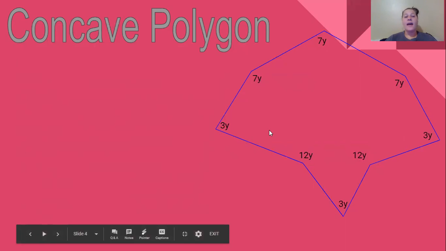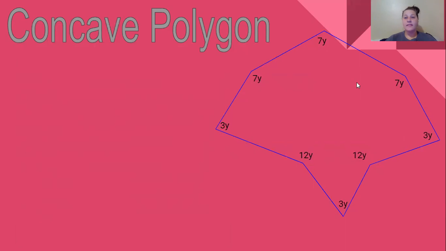Now, we don't have a solid measurement. All of them have y. So we're going to need to figure out what y is. How do we do that? So we are given this equation, n minus 2 times 180. N is equal to the number of sides that a shape has.